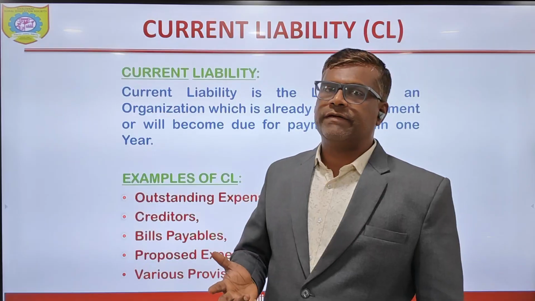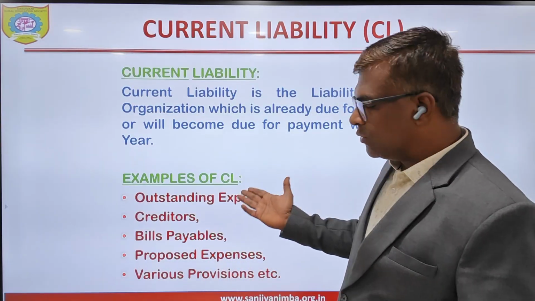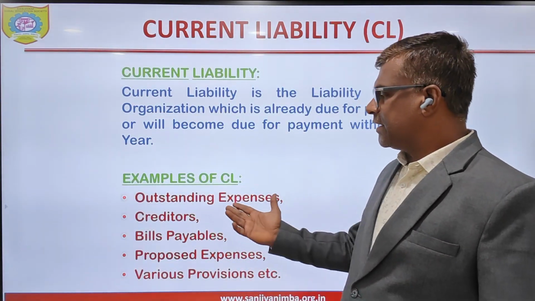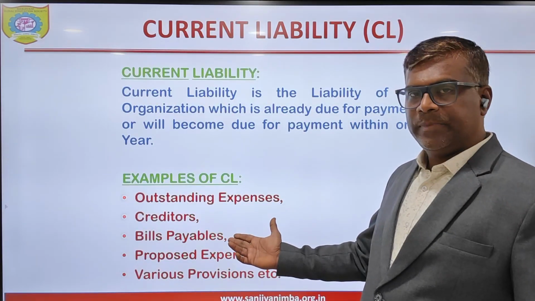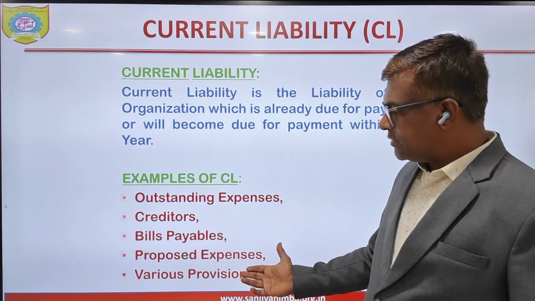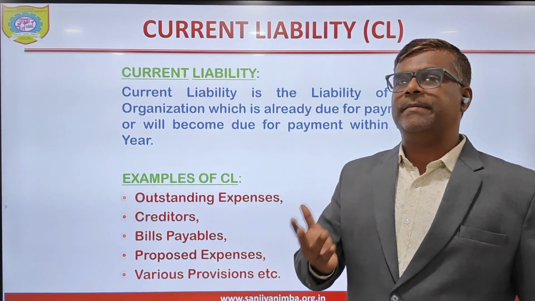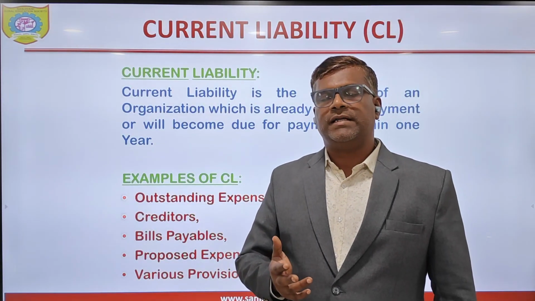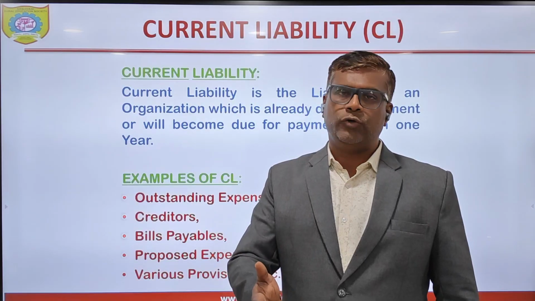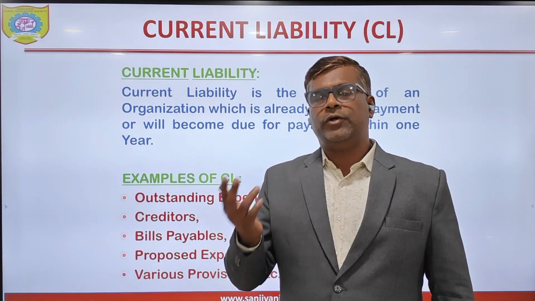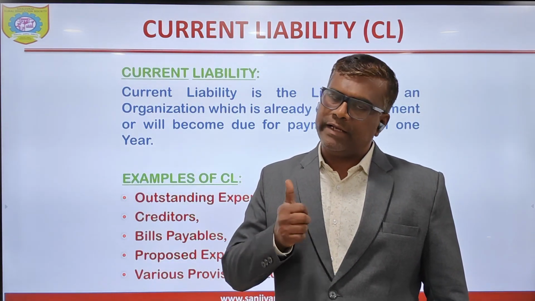The examples of current liability items are outstanding expenditures, creditors, bills payables, proposed expenditures or various provisions. These are the current liability elements which are either immediately due for payment or which will become due for payment within one accounting year.